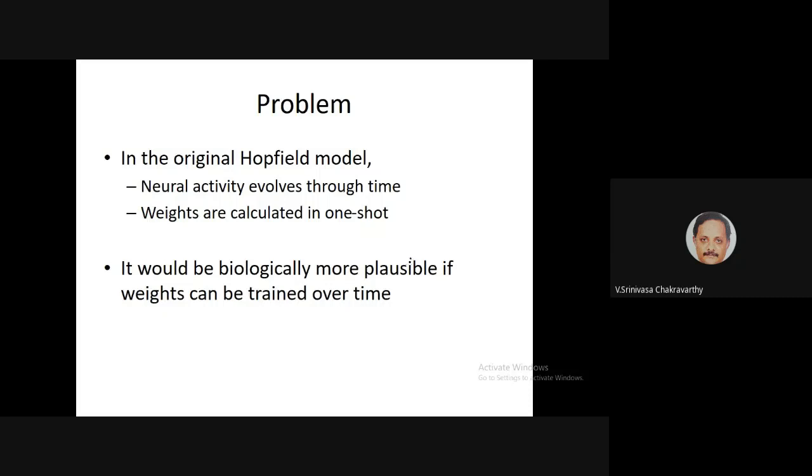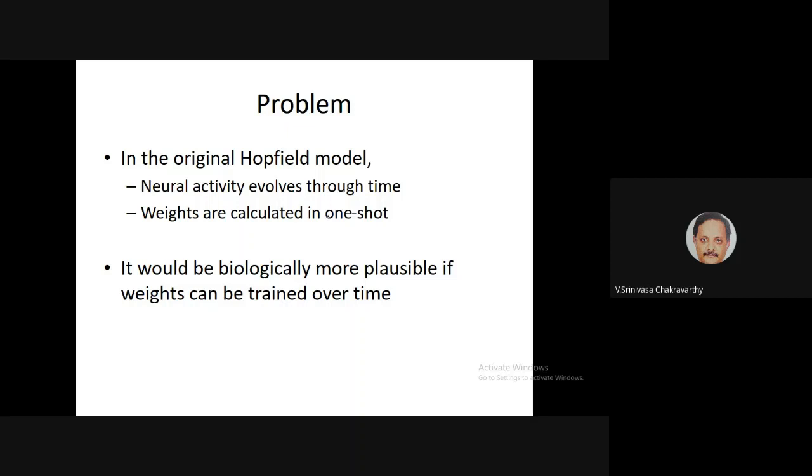Right. So now, we have looked at two variations of the Hopfield model so far, the discrete and the continuous. In the original discrete Hopfield model, the neural activity evolves through time, but the weights are calculated in one shot. The problem is that neural activity evolving through time is okay biologically, but calculating weights in one shot is biologically not okay, because you never store information like that.